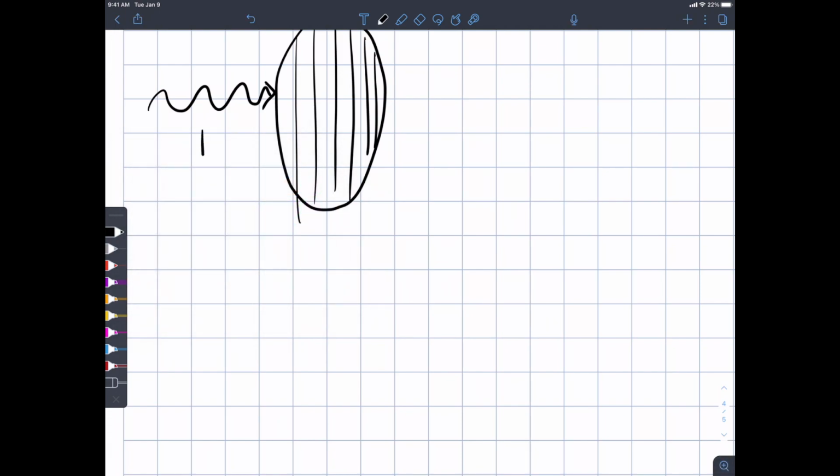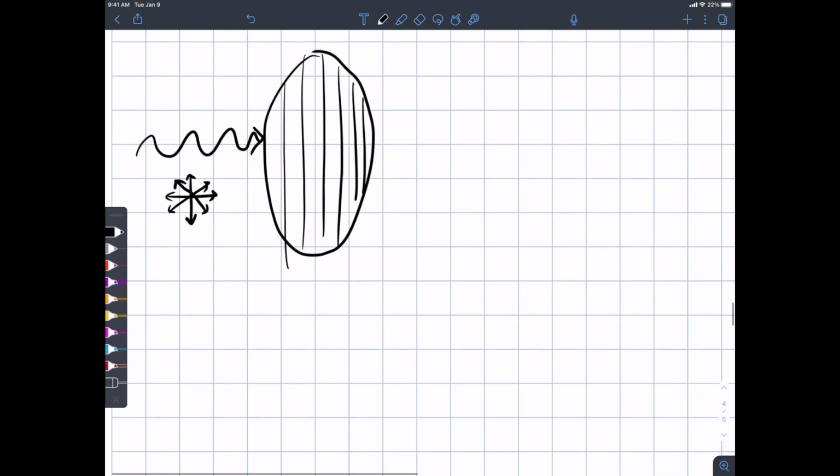One of them might be oscillating in this direction, another might be oscillating perpendicular, there might be other oscillations all around. But once we go through the polarizing filter, all of the photons are oscillating parallel to the filter. I think I'm just talking about the electric component of the electromagnetic field oscillation, but whatever.